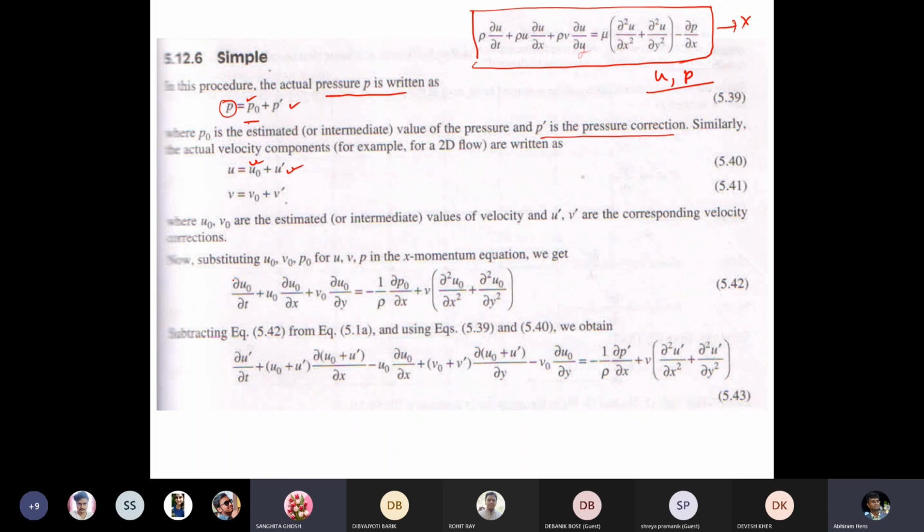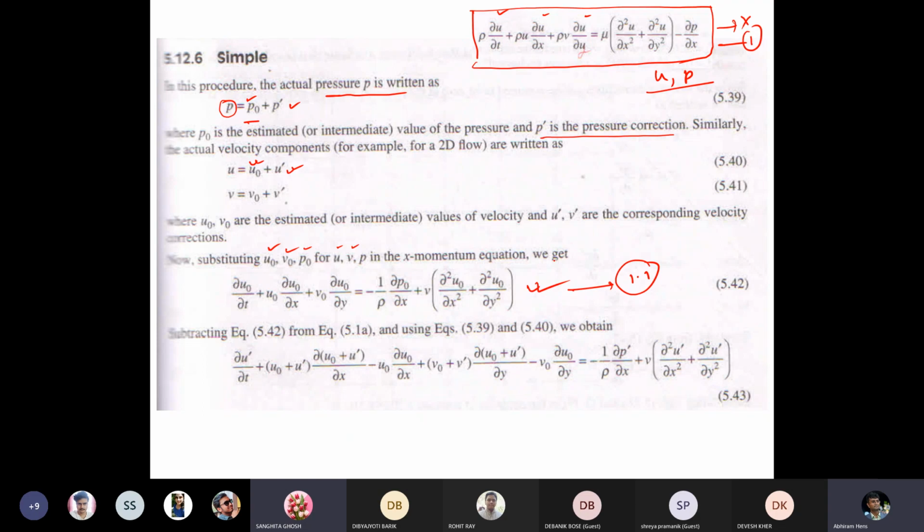Now we will substitute u0, v0 and p0 for u, v, p in the x momentum equation. In this x momentum equation we have u and p, and for the y component we will also get v. We will just put those estimated values there, u0 there, so we will get the equation like this. If this is equation number 1, we are getting equation number 1.1 here, just changing u with u0.